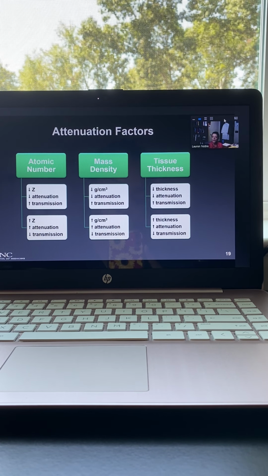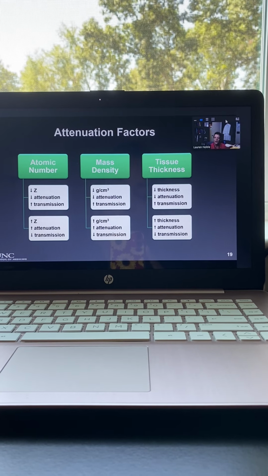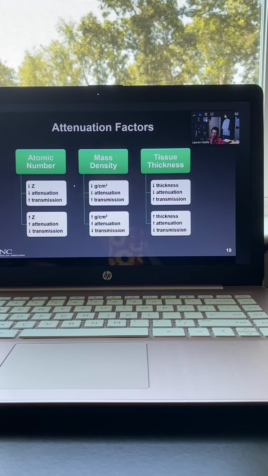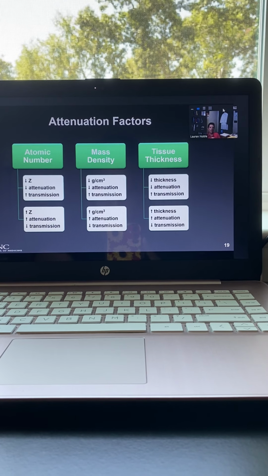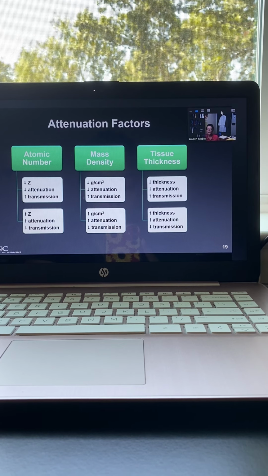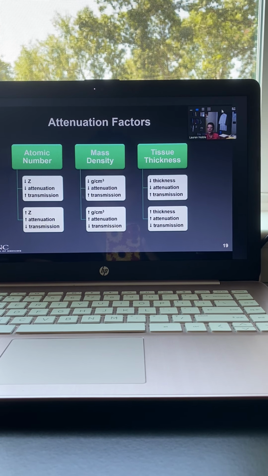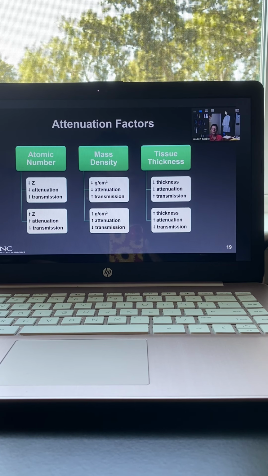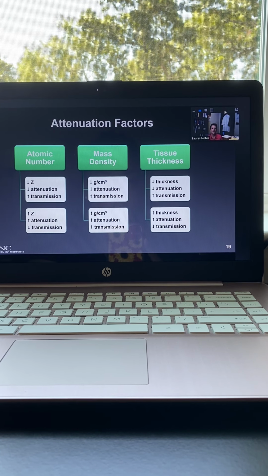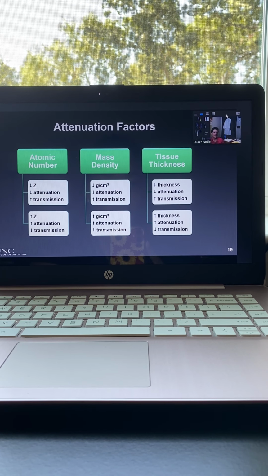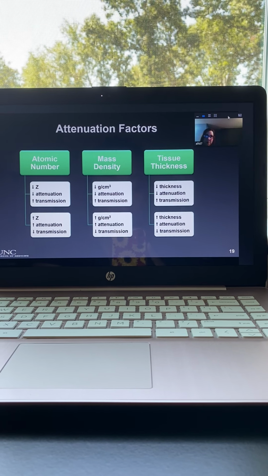Now, stop for a moment and think about it. Really, try to critically think about it and think logically. Why is this the case? What do you know about atomic number? This is why early on we did a little bit with radiation concepts and talked about atomic number. What do you know about elements and their atomic number? Increases absorption.